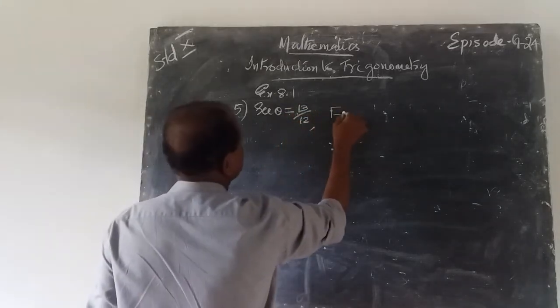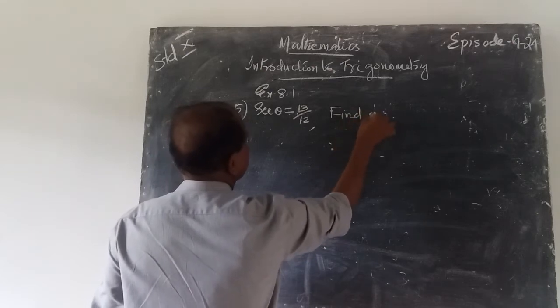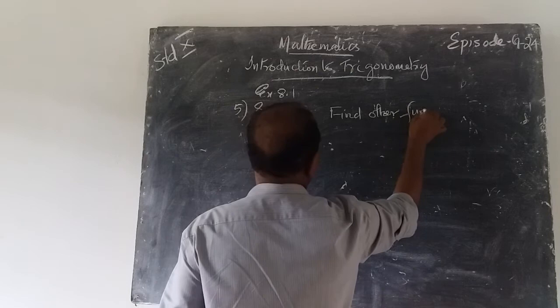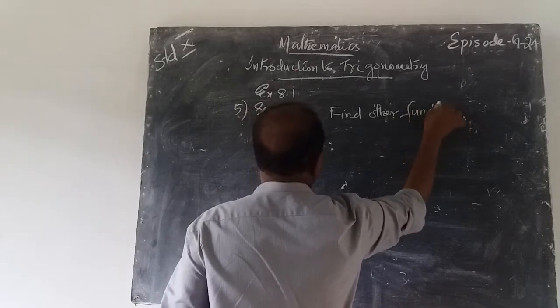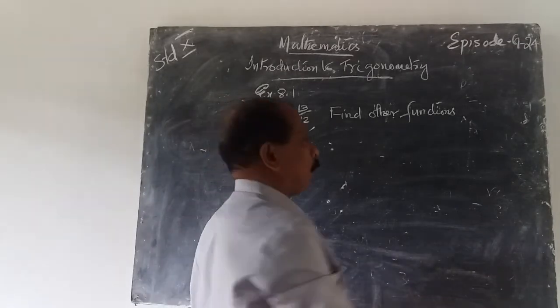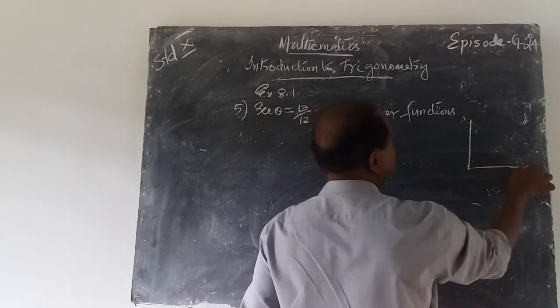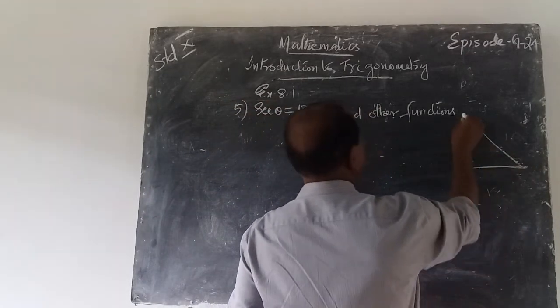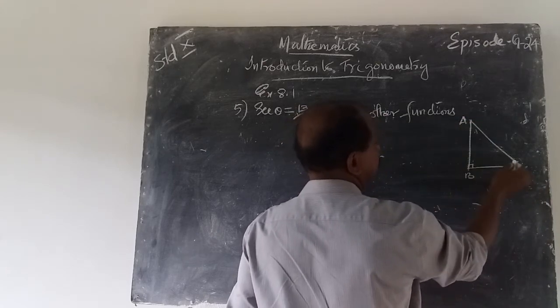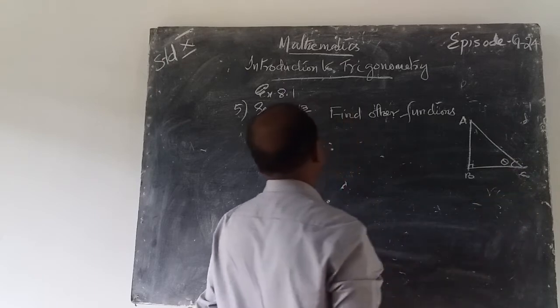Find the other functions. Same or similar figure: right angle at B, and let us assume that angle C is theta.